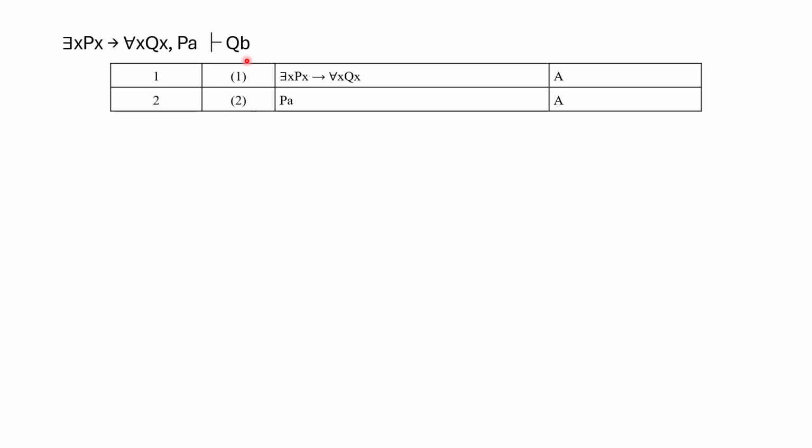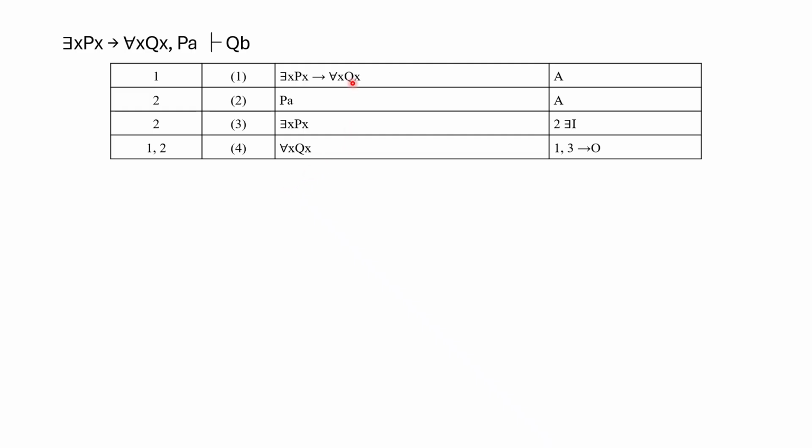So let's just add an existential quantifier to this line 2. And then once we get that, we have the left side of our arrow. We can get the right side, right? From 1 and 3 arrow out. And then I'm looking for QB, so all I have to do is use my universal quantifier out rule to get a QB derived from that, and then we're done.